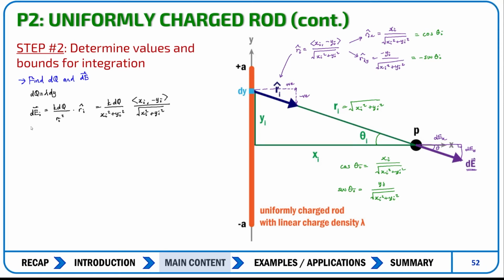So each dy is going to give a differential electric field element of the following. This dE is the contribution to the total electric field from a dy component in the length, in the charged rod.